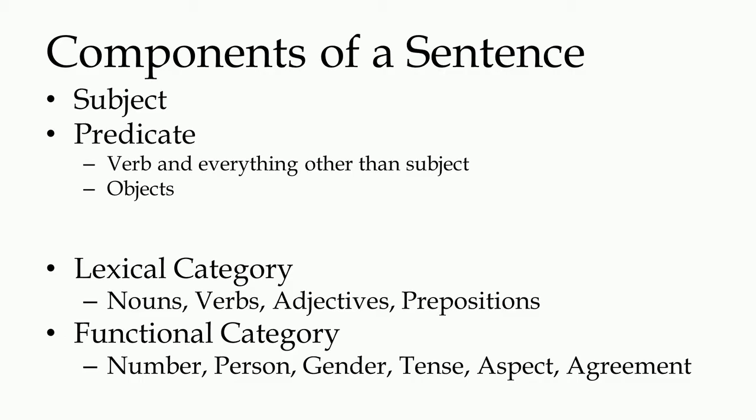Now, the new part that I want you to understand, that components of a subject that are visible to us are called lexical categories, such as the nouns, verbs, adjectives, prepositions and many more. These are called lexical categories.